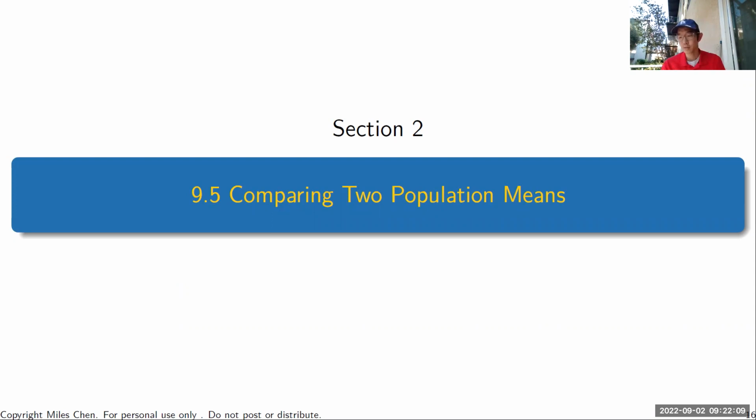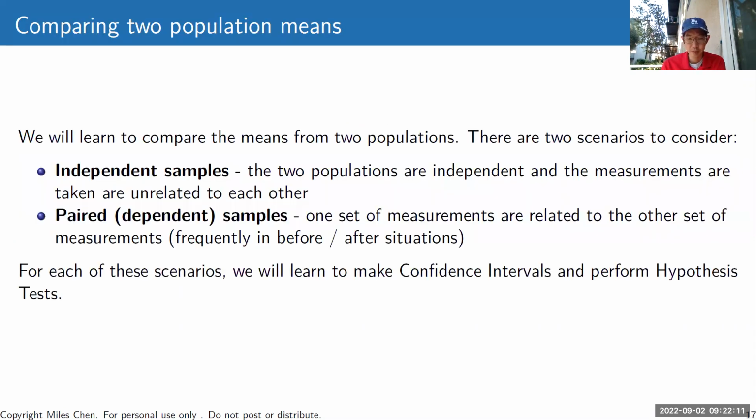And there are actually 2 scenarios that we might have to deal with. One is we could be dealing with independent samples, and we have 2 separate populations. And then the other is we could have 2 samples, but the samples are paired. And this is actually just one population, but you got 2 measurements from the same population. So that's also a possibility here.